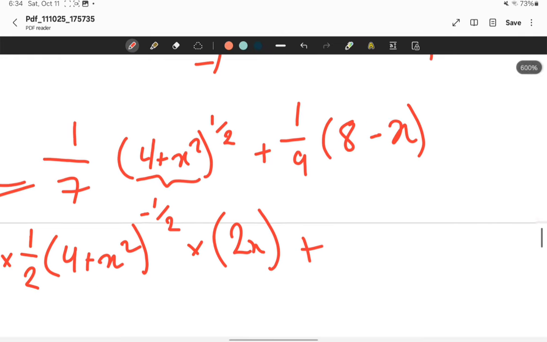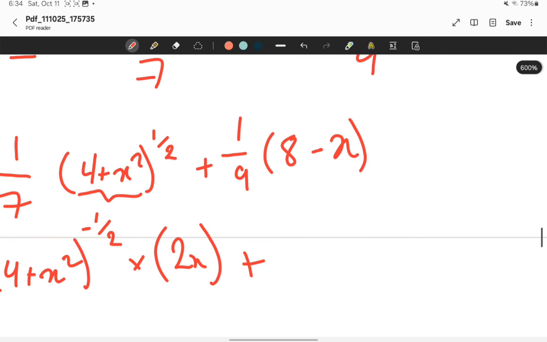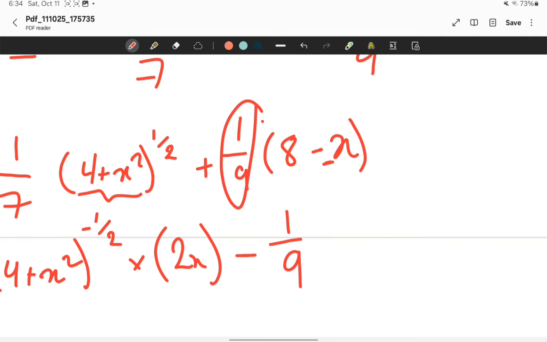Plus now the second part: when you derive it, the coefficient in front of x is minus 1, so you just multiply by minus 1. So instead this would be minus 1 over 9.